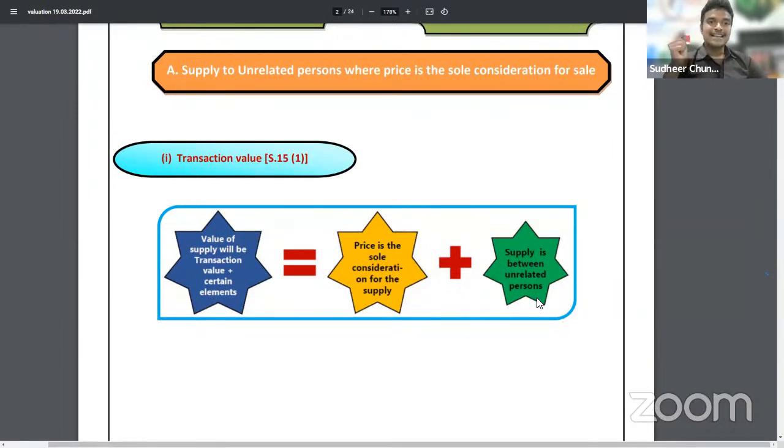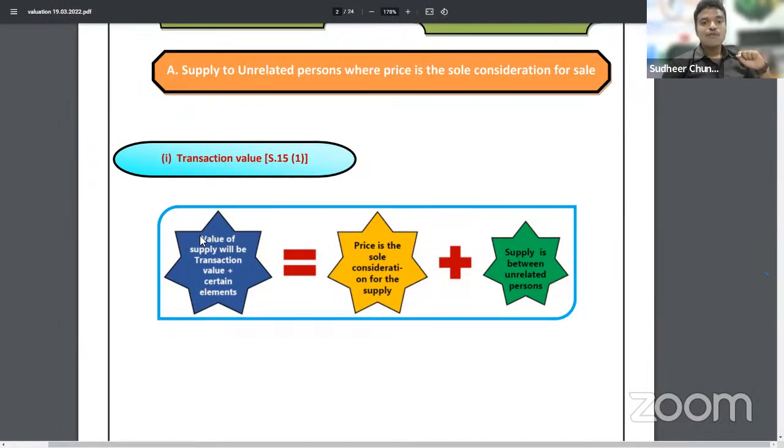Because if buyer and seller are related persons, they will sell the product at a low price and pay low GST to the Government of India. So here the government is going to lose. That's why it is specified that buyer and seller must be unrelated. If they are relatives, then the value must be decided using valuation rules, rule number 28. So price must be the sole consideration, the first condition, plus supply must be between two unrelated persons.